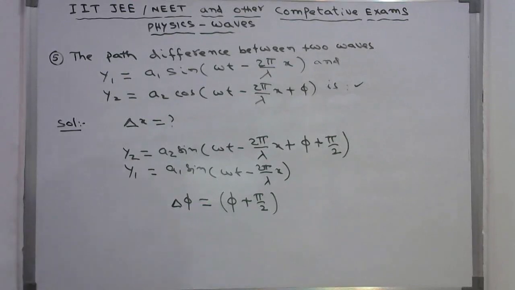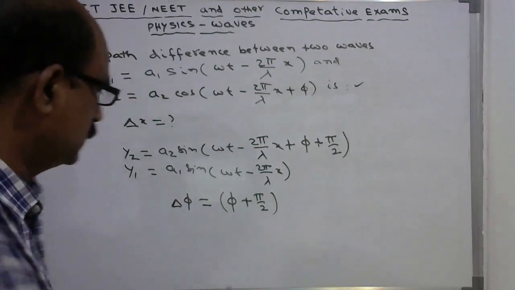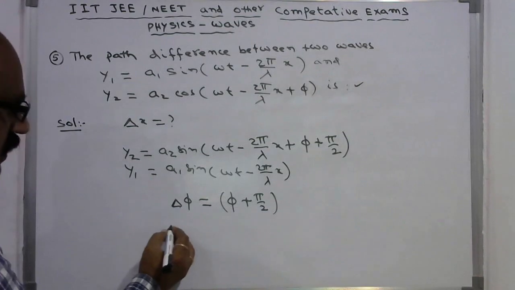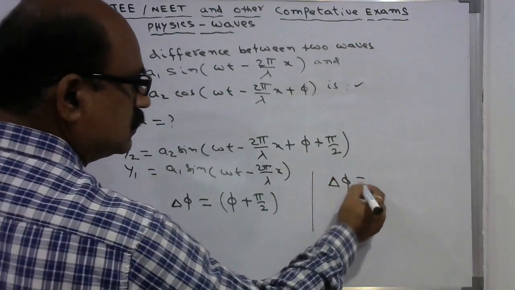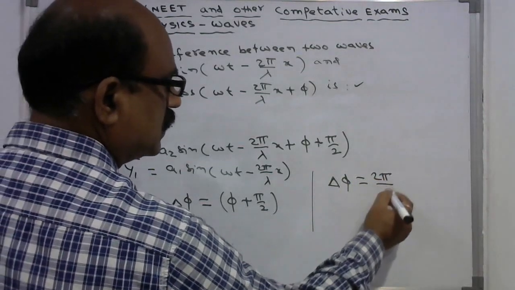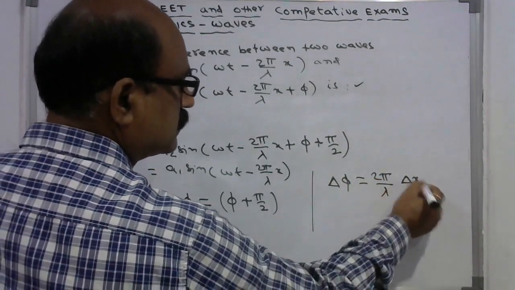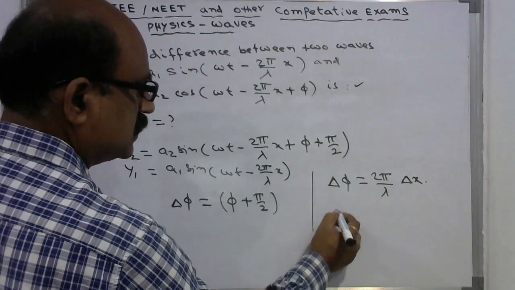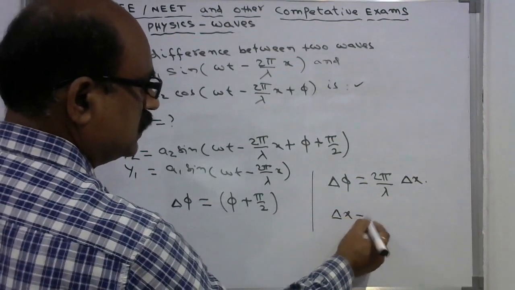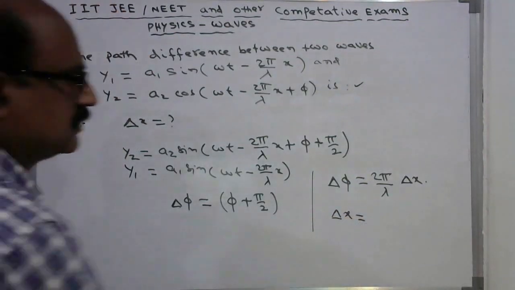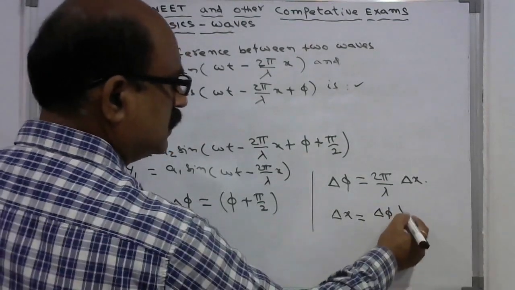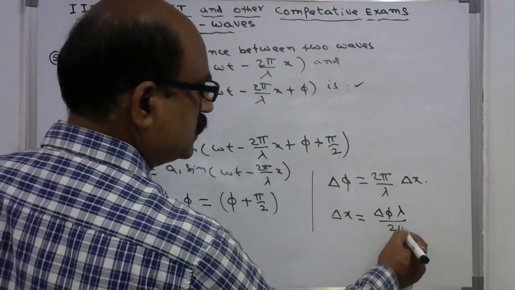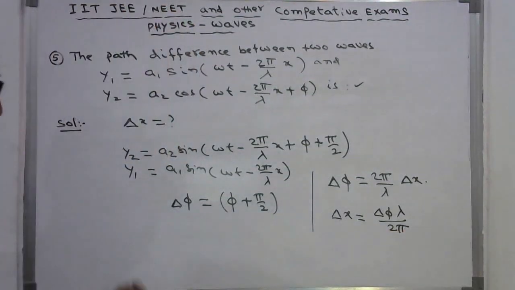But we have to find the equivalent path difference. So we have a relation: delta phi is equal to 2 pi by lambda into delta x. So the equivalent value of delta x is equal to delta phi into lambda by 2 pi.